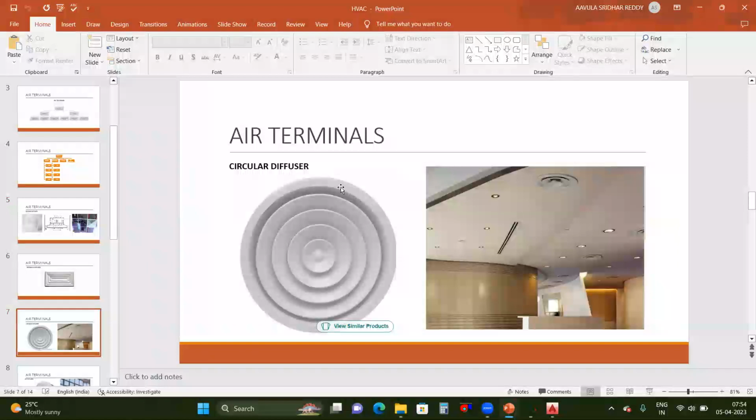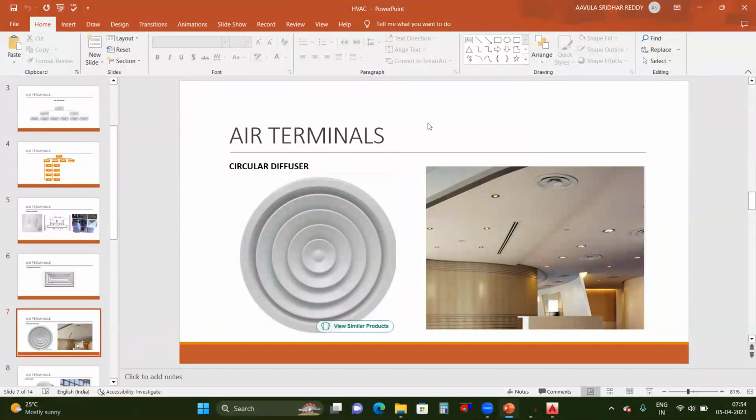So this and the next one is the circular diffuser. You can see the shape of the diffuser is circular. If you see the right side image, that may be a reception area. Okay. In that, square and rectangular diffusers will not look good.